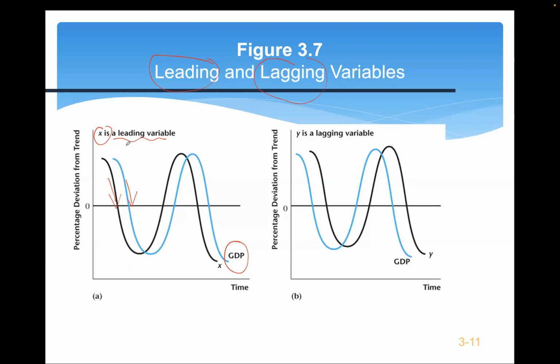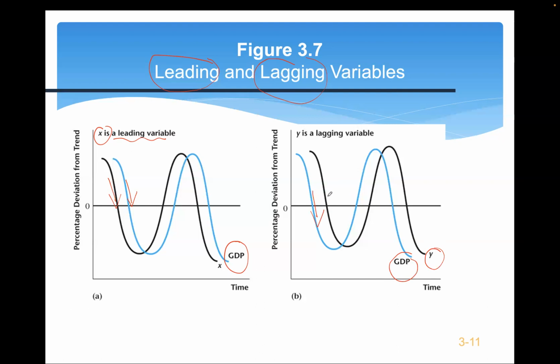It's a leading variable. Now, if you look at Y, again see the correlation with GDP. Y is behind GDP. Okay, instead of Y giving you some clue regarding the GDP, now GDP is going to tell you which direction Y is going to move.